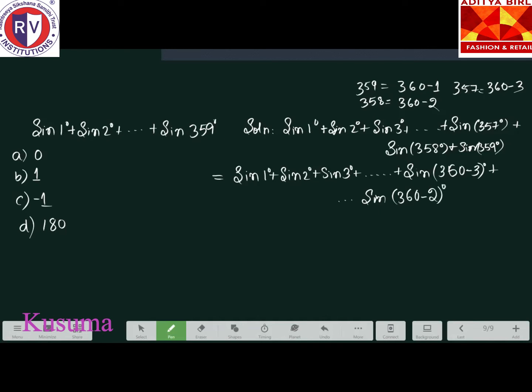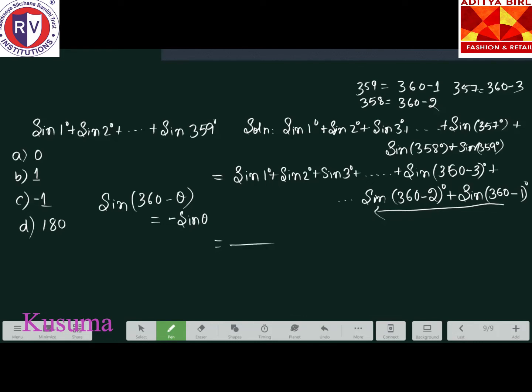So now tell me what happens to the entire series. Just now your friend told that sine of 360 minus theta is minus sine theta. So what happens to the terms here? It will get cancelled out to give us 0, because of the last three terms.